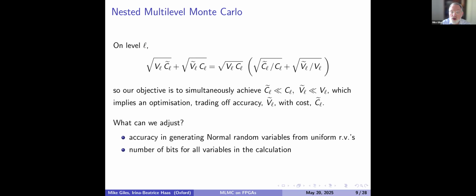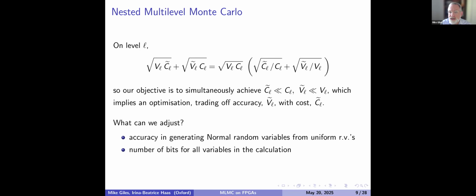On a level L, we can rearrange the sum of those two square root terms in the following form. On the right-hand side, that square root of VL CL is our standard multi-level cost on level L. And then we have the sum of these other two terms.